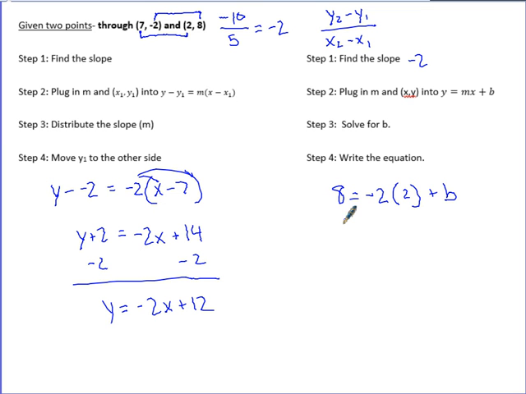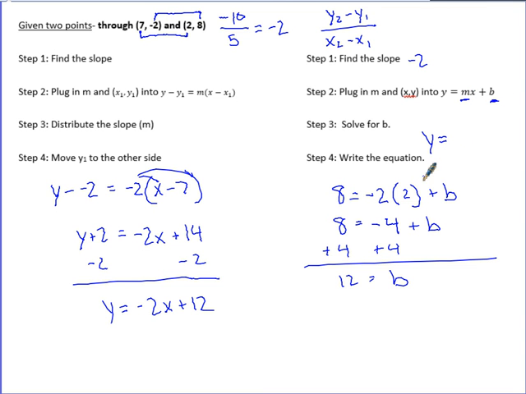Okay, do my multiplication, that's -4. Plus b, add 4 to both sides to solve for b, and I get 12 equals b. So then when I write my equation, I need an m and a b. All right, so y is equal to, m is -2x, and b is 12.